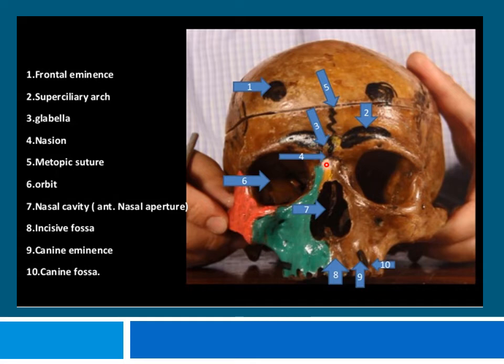Then we have the nasion, then the metopic suture between the frontal bones, then the two orbits, then the nasal cavity or anterior nasal aperture. Then we can see the incisive fossa, the canine eminence, and the canine fossa. So these are the features which we can see in the frontal aspect of the skull.